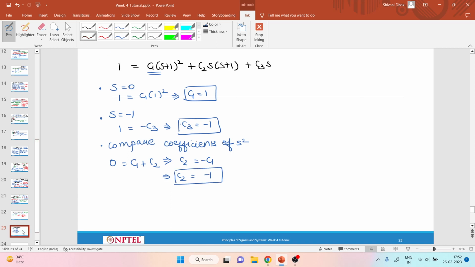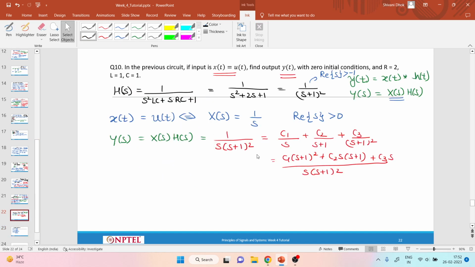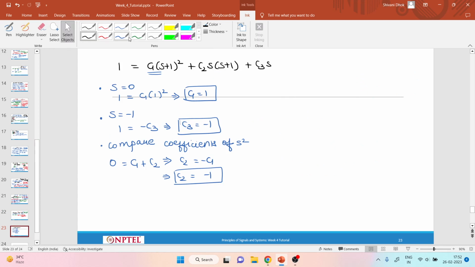Therefore, using partial fractions, y of s is equal to 1 upon s minus 1 upon s plus 1, that is c1 value is 1, c2 value is minus 1, minus 1 upon (s plus 1) square.